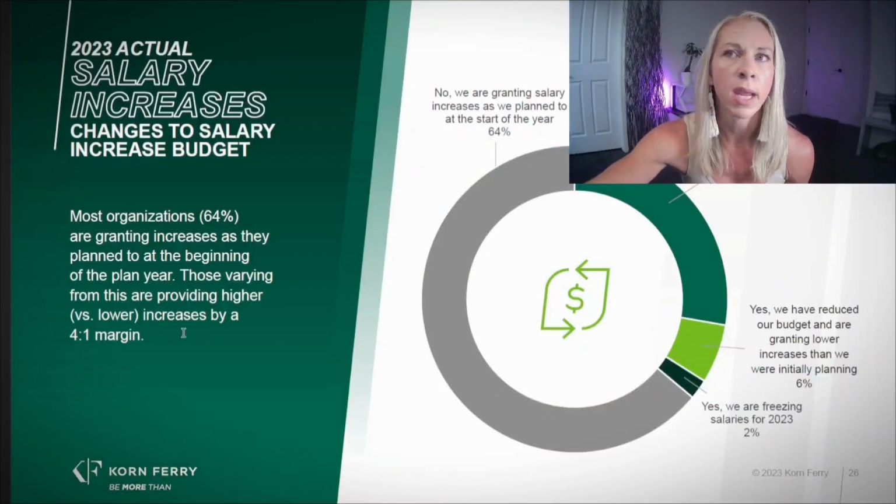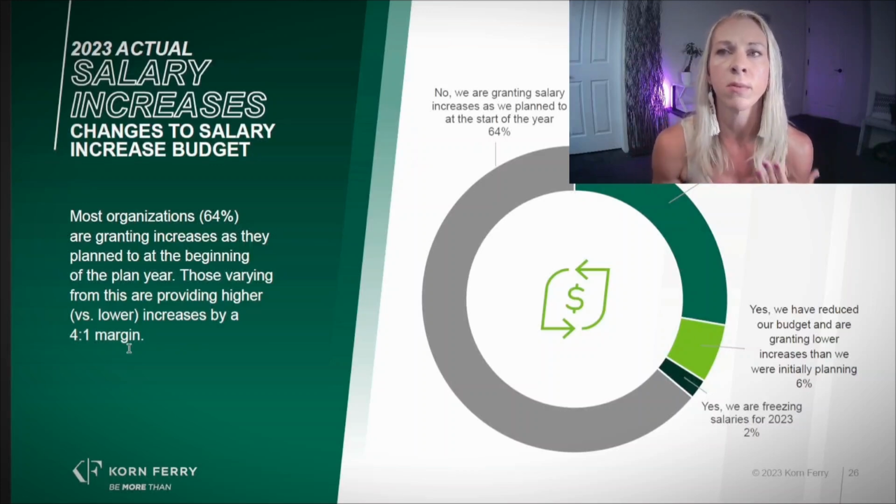Annual bonuses and pay increases. So if you want to see what other employers are doing as far as pay increases are going, 64% are granting increases as they plan to at the beginning of the year. Those vary from this are providing higher versus lower increases by a 4-to-1 margin. So 64% we are granting increases as we planned.